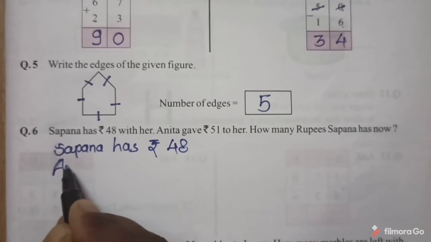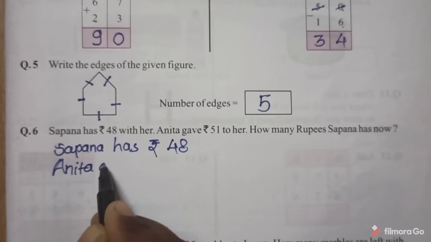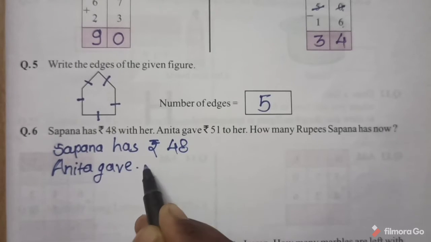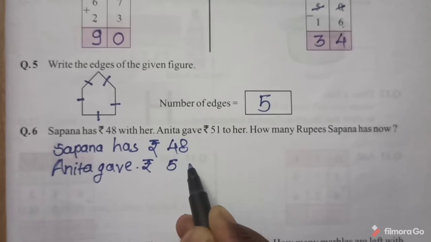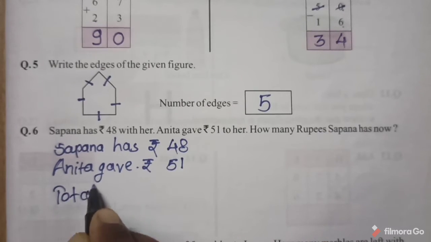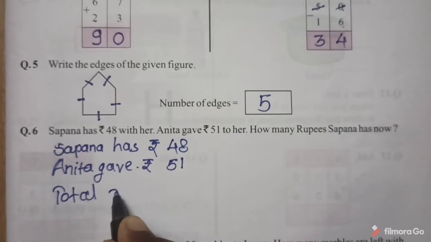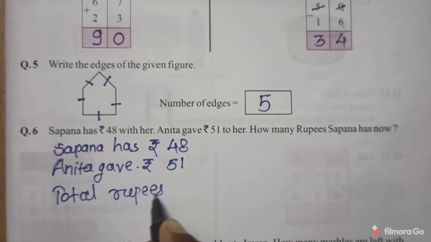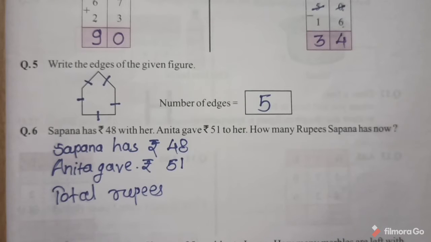And Anita gave rupees 51. Here we are asked to find out the total rupees. Which operation? Addition.